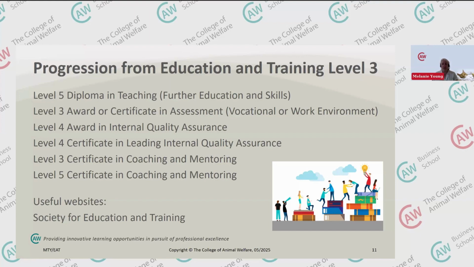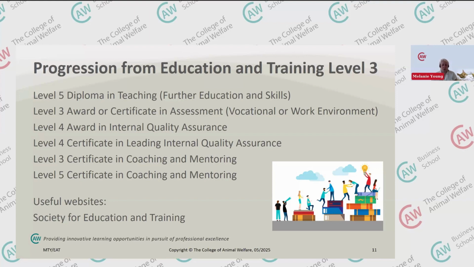So there is a Level 3 award or certificate in assessment, and there are 4 units to that qualification. You can do it in a vocational environment or a work environment, or both if your environment allows, and the theory unit. There is an award in internal quality assurance. So usually you would do that after you've done the assessor qualification.